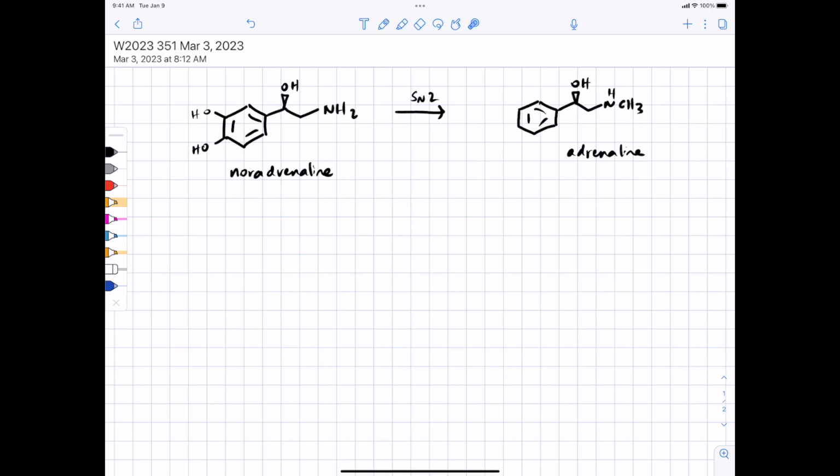Now you can ask, how is it possible to modify the nitrogen without modifying the oxygen? That answer you should know. Which of those two is more nucleophilic, the nitrogen or the oxygen? The nitrogen, how do you know?